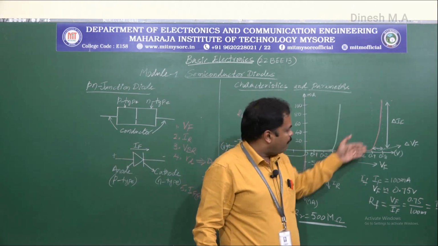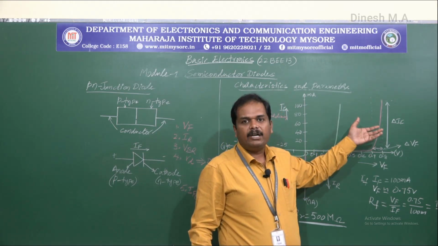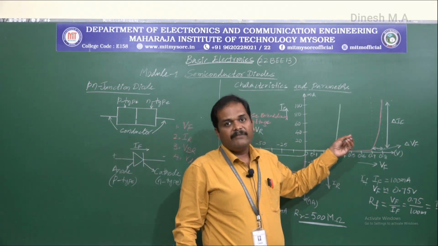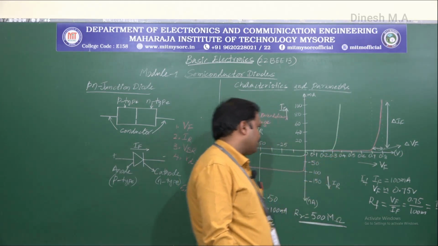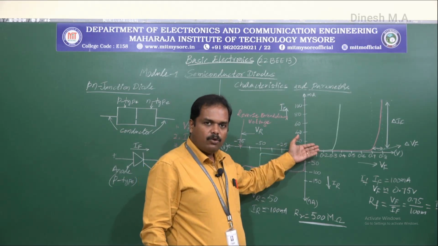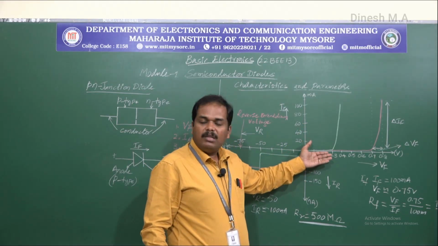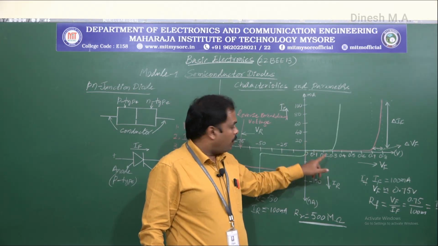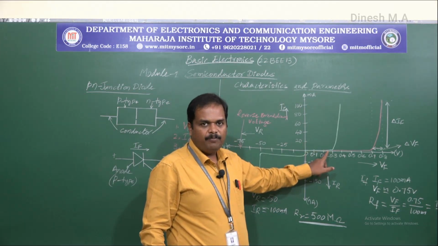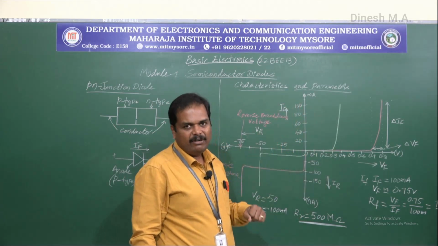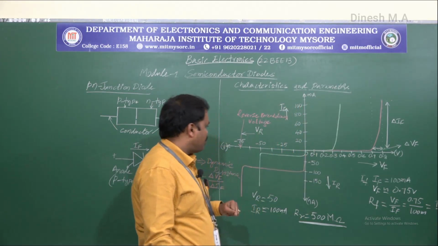And at any given point on this curve, we can find out the forward resistance, what is also considered to be the DC resistance. And for a germanium diode, the characteristics is almost same, but the forward voltage drop occurs at 0.3. So at 0.3, the diode starts conducting and there will be a current flowing through the junction.